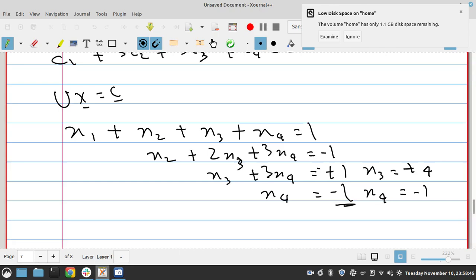Substitute your x2 and x3 here, get x2 equals 6, and substitute x2, x3 and x4 here, get x1 equals 4. So this is known as backward elimination, where you go from bottom to top.